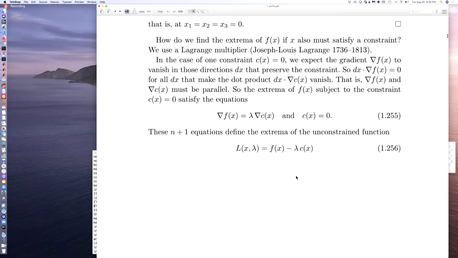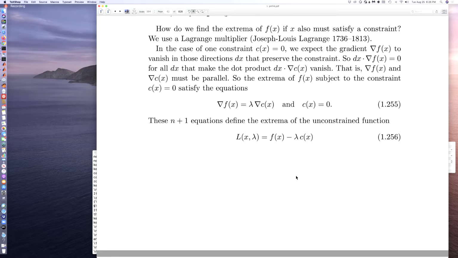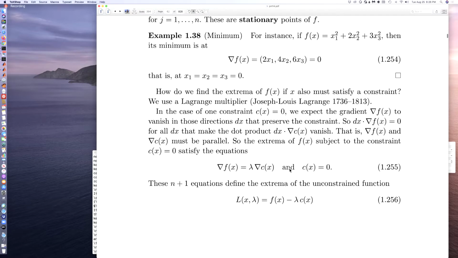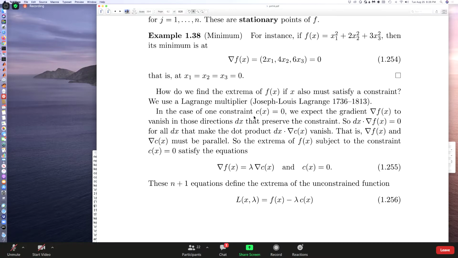Lagrange showed how to find the extrema of a function if you want to find the extrema subject to some constraint. So in other words, suppose you have one constraint such that C of x is 0. And then what we're saying is that the gradient should vanish in directions that preserve the constraint.